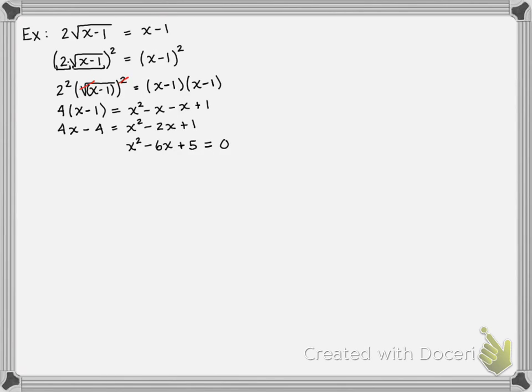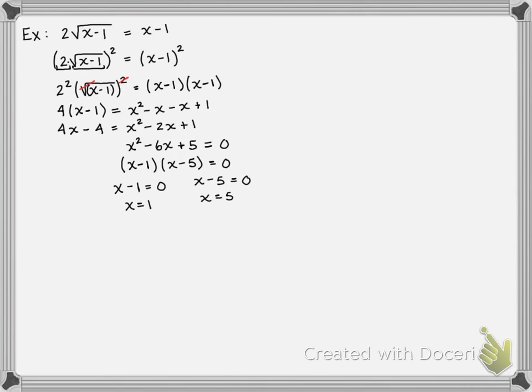So then we'll factor the left side. This one factors as x minus 1 times x minus 5, and set each of our factors equal to 0. So x equals 1 and x equals 5.